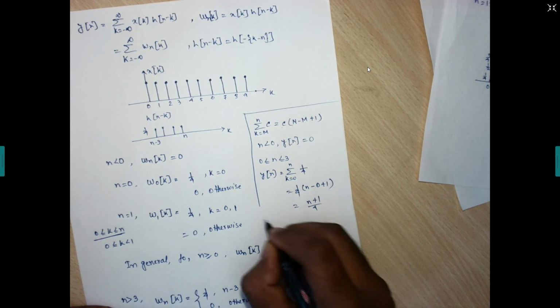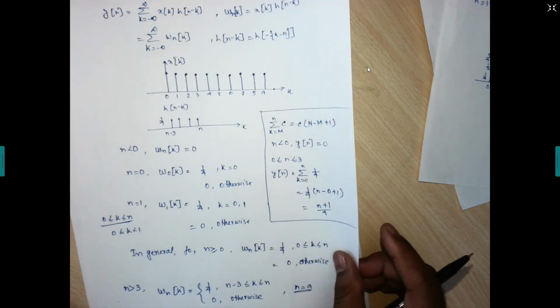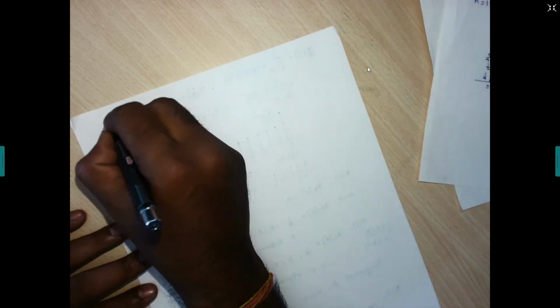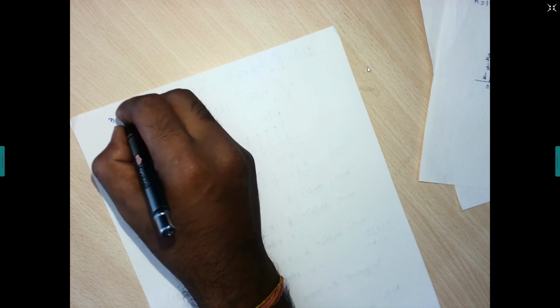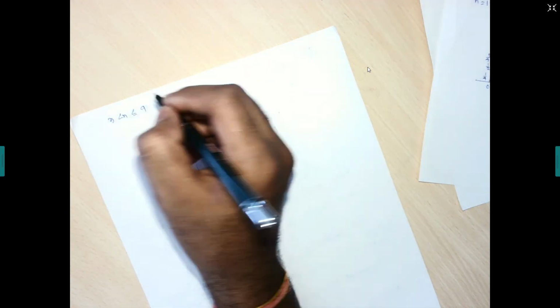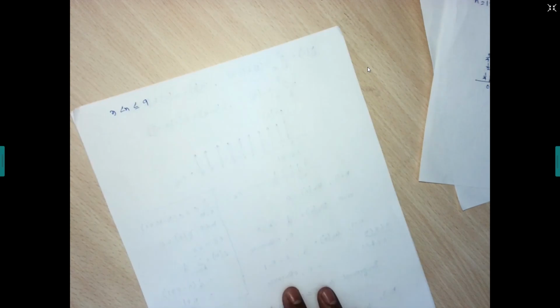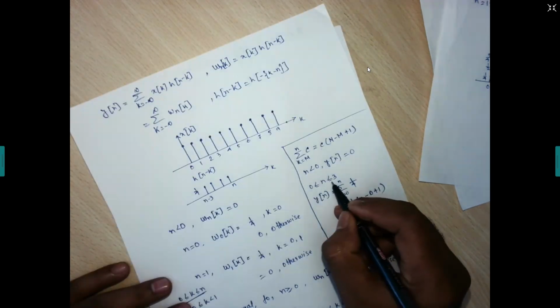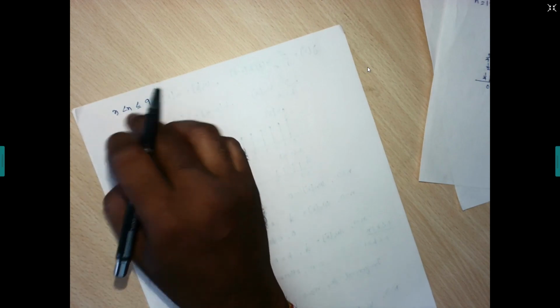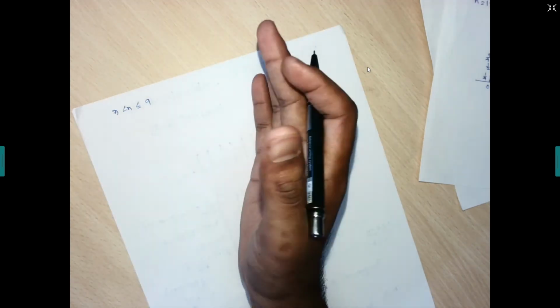Okay, so in the same way, if we go for 3 to 9, that is 3 less than n less than or equal to 9, we take beyond 3 because we have already included sample 3 in the interval 0 to 3. So from 3 to 9 means after 3 and up to 9.